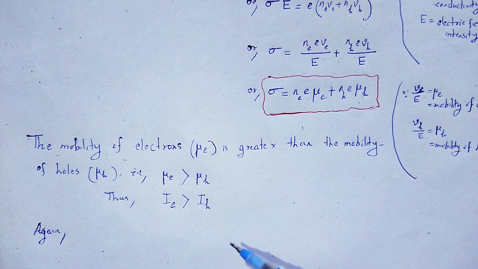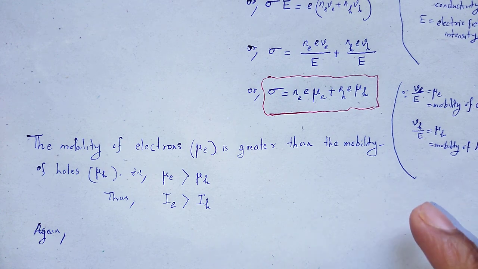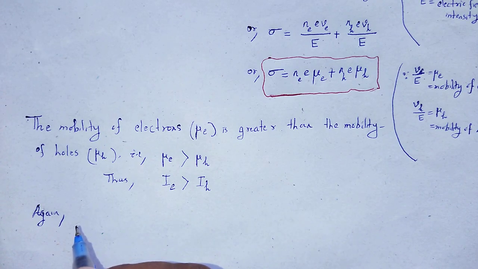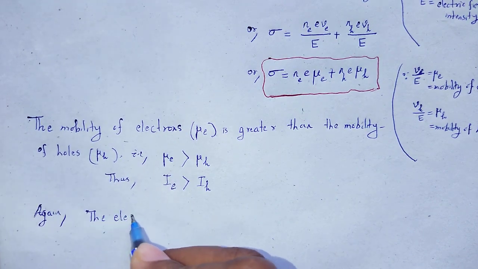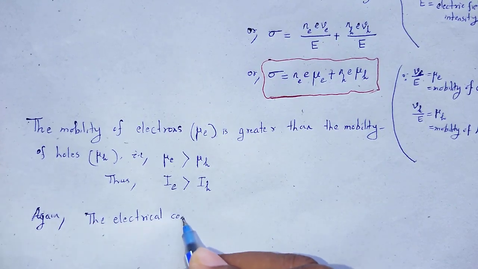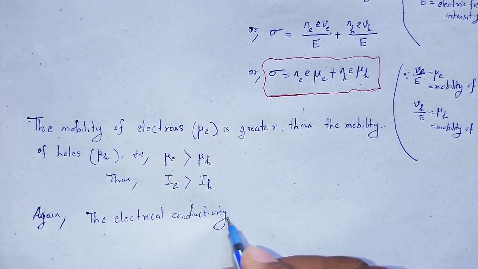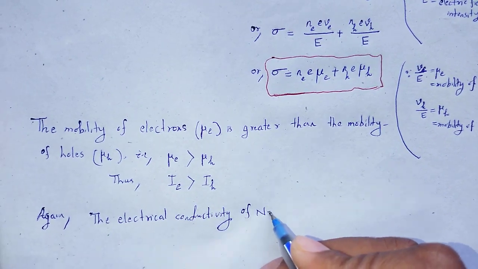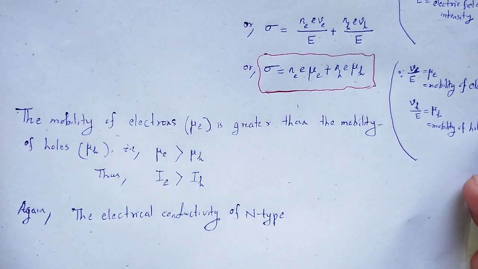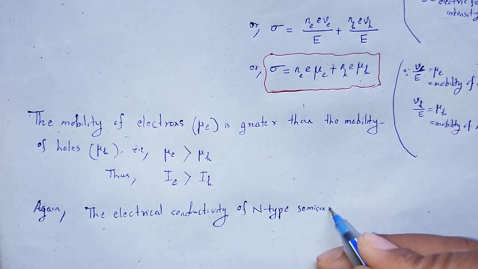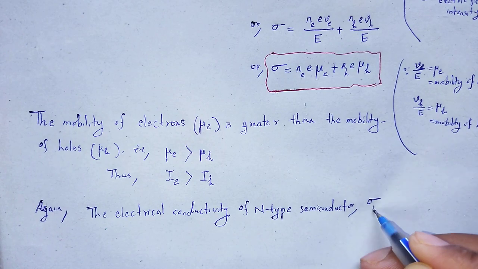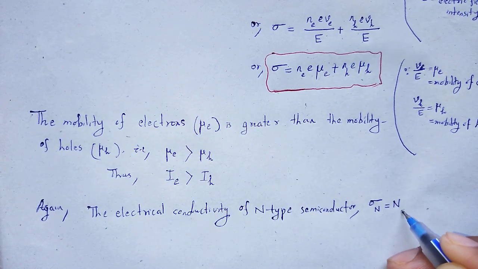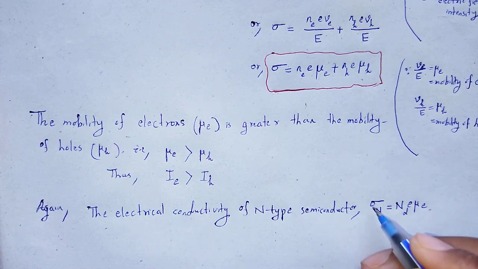If we calculate it in terms of n type semiconductors and in terms of p type semiconductor, the expression for the electrical conductivity of n type semiconductor is sigma of n equal to N d e mu e.